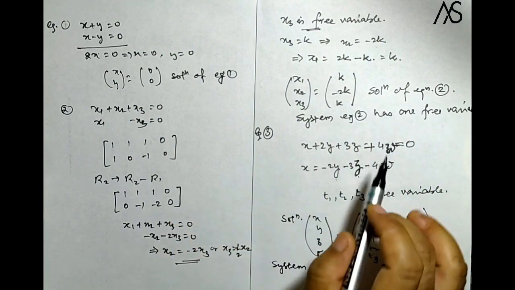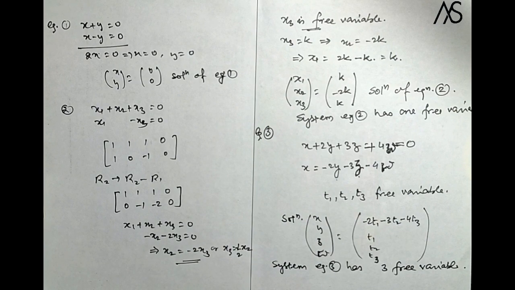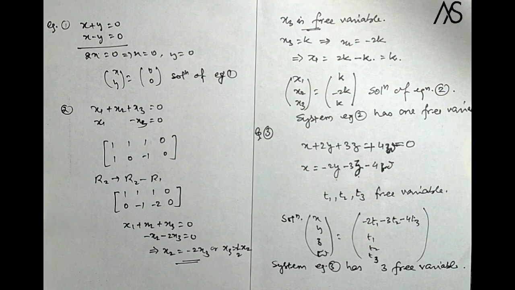Take any variable, but the count will be 1 only. Here you can choose any variable, you will get 3 free variables only. Similarly, you can find in any general case the number of free variables in any system of homogeneous linear equations.